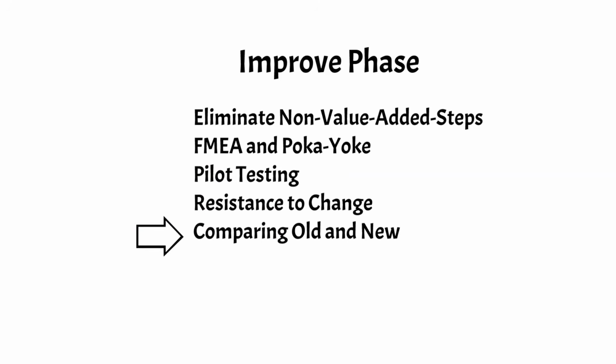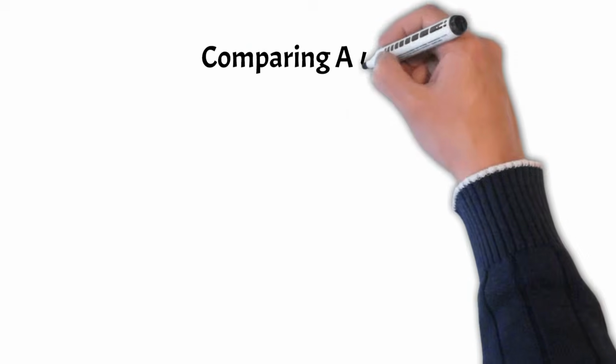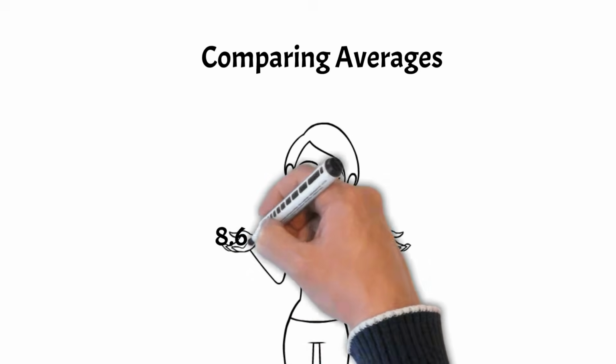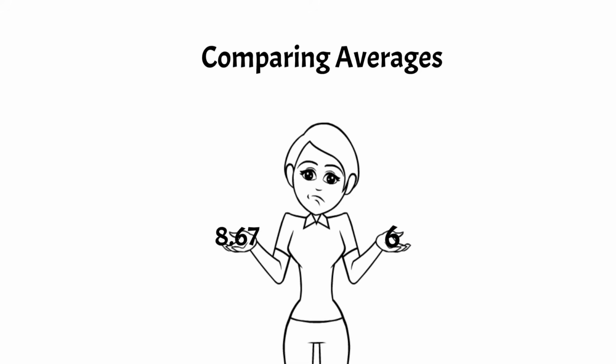Comparing old and new. Has the project been successful? At this point, it is important to compare the new system with the old. In our example, the average time between order placement and delivery was reduced from 8.67 days to 6 days. This is clearly an improvement that has exceeded project goals.